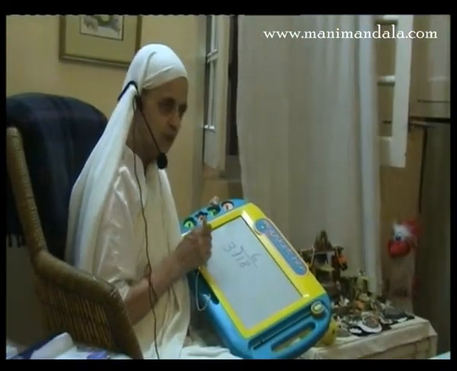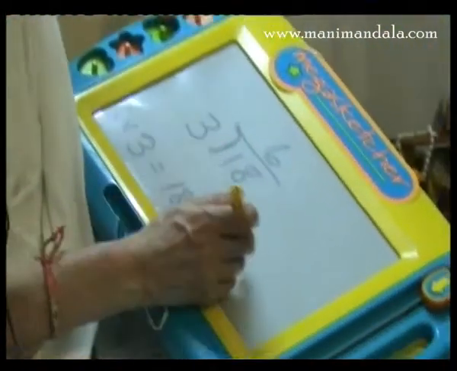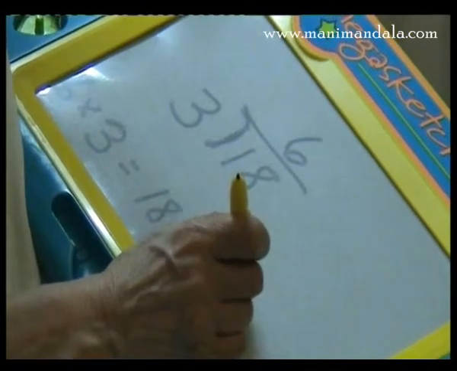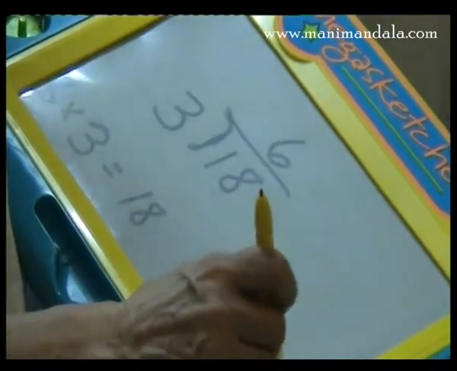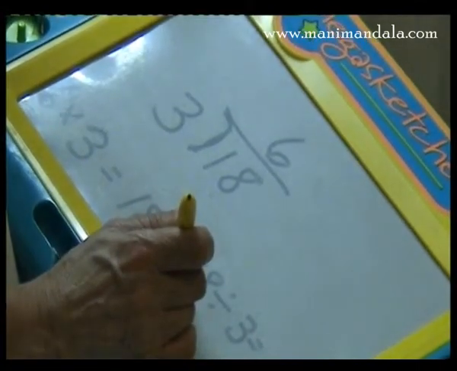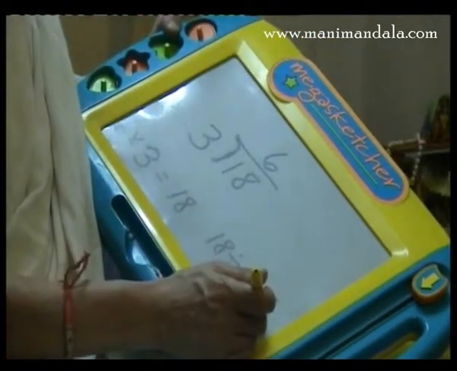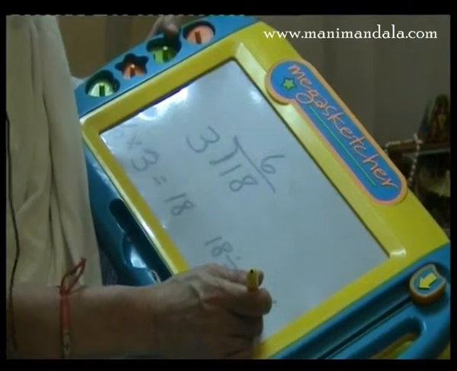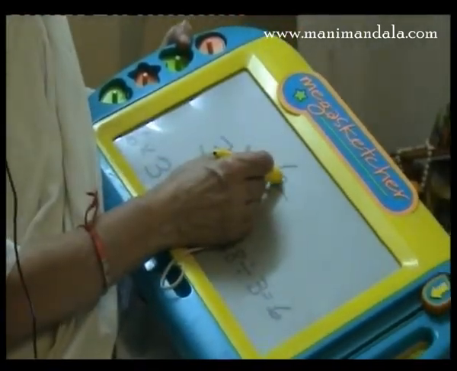Times 3, when we learned our 3's, the product was 18. I take that in reverse. 18 divided by 3 equals 6. That means 18 muffins. I have 3 people, everybody gets 6 muffins. Okay? 18 divided by 3, everybody gets 6 muffins.